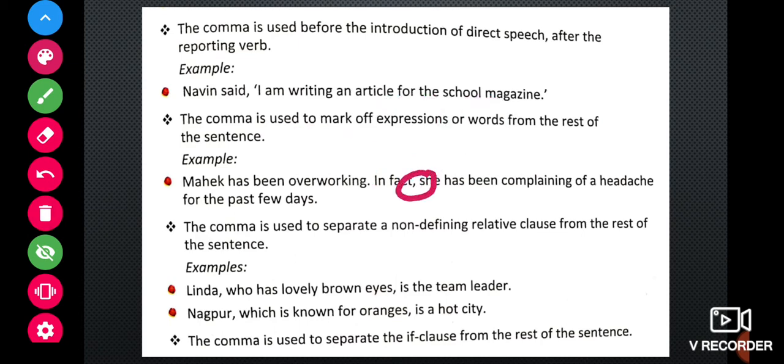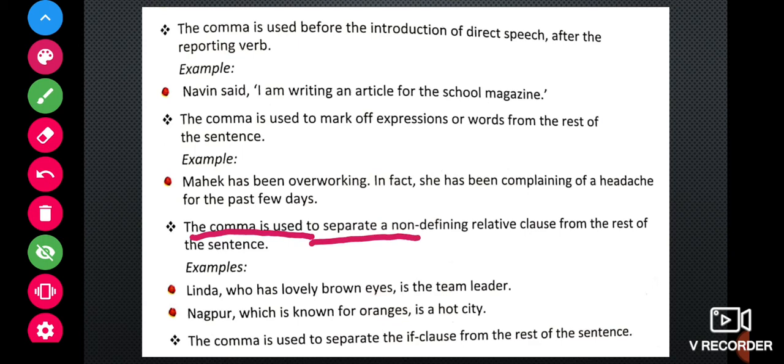Commas are used before words like in fact or actually or you know. There are certain expressions which we use in daily life. Like I said, the examples are in fact or actually or you know, or there are several such expressions. So commas are used to separate such expressions from the rest of the sentence.